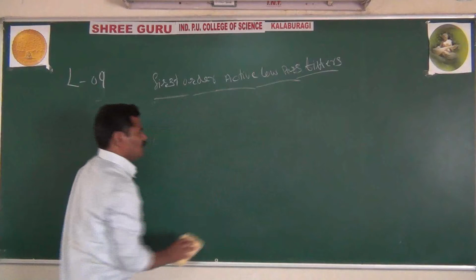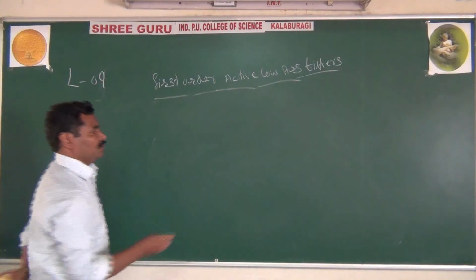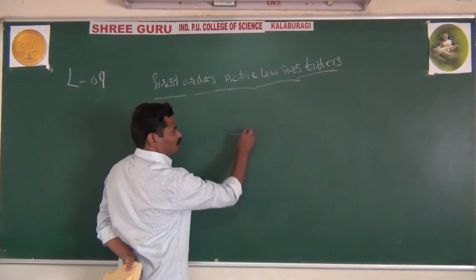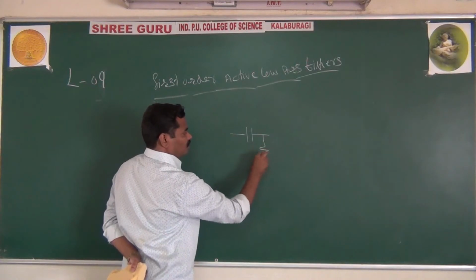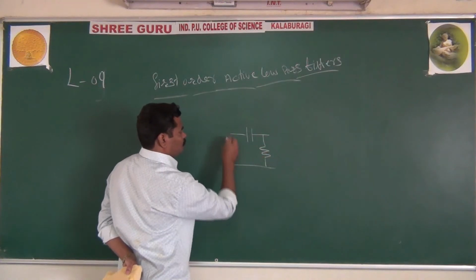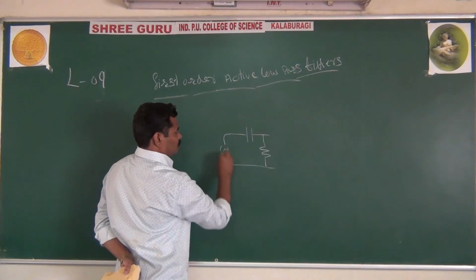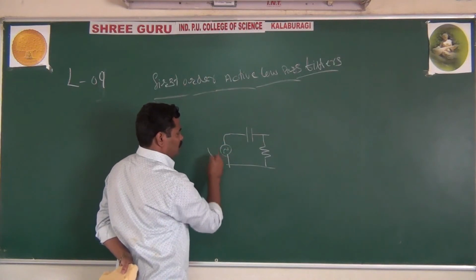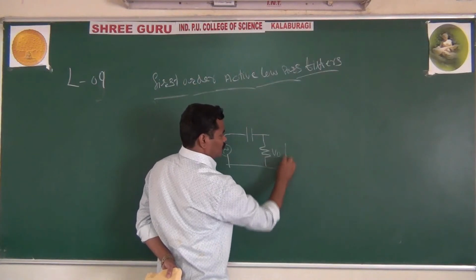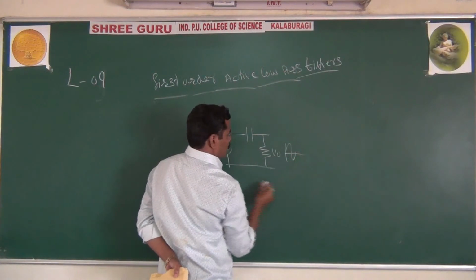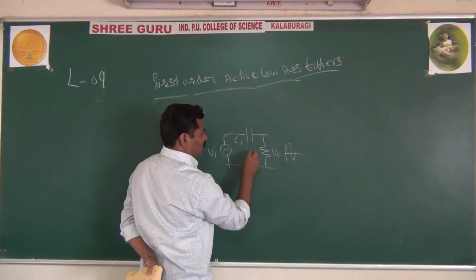Similarly, you can go for a high pass filter, with only a small change. You apply the input to the capacitor; this is Vi, and this is V0. This is C1, R1.